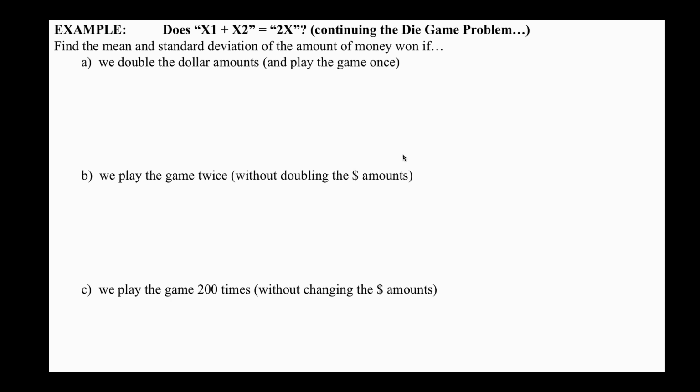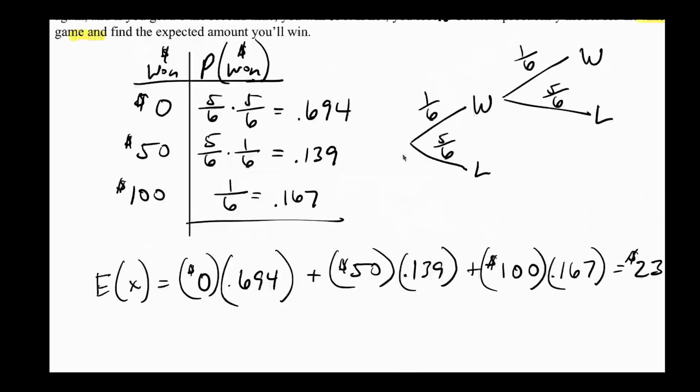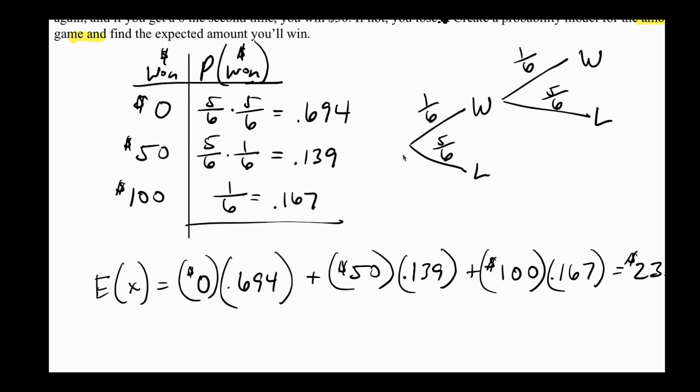Roll anything other than a 6 on the first and the second time, you get nothing. Now I'm going to tweak the game. I'm going to double the dollar amounts. So instead of 0, 50, and 100, it's going to be 0, 100, and $200 you could win now. Probabilities stay the same.